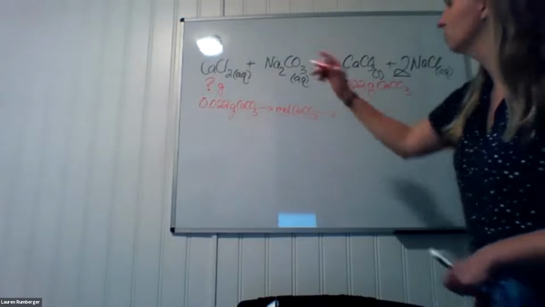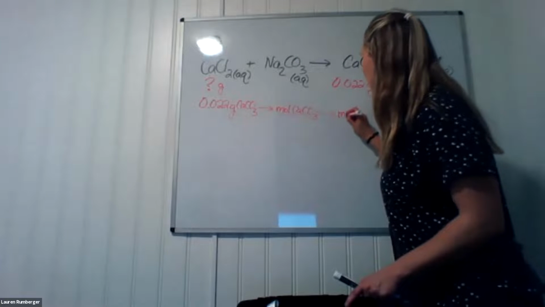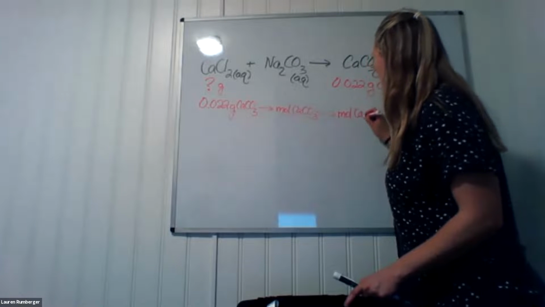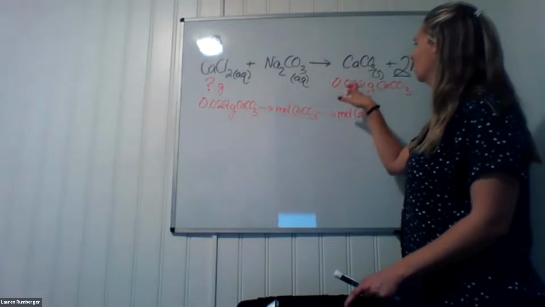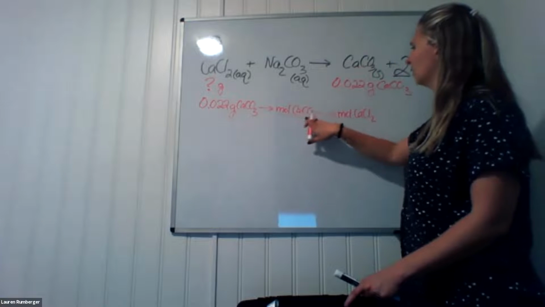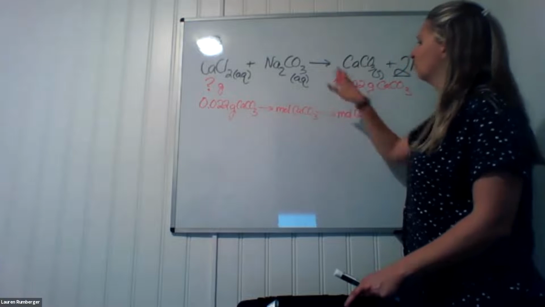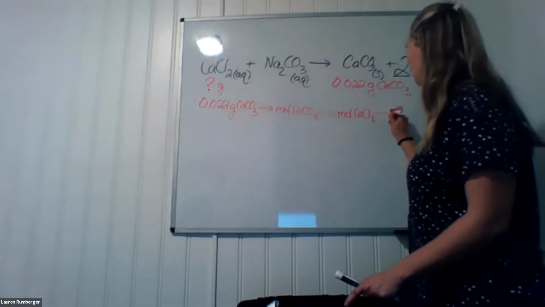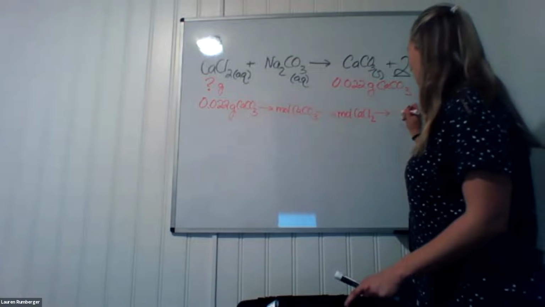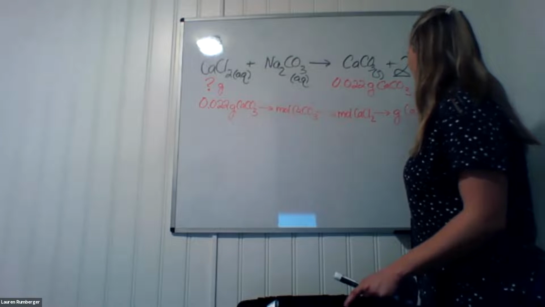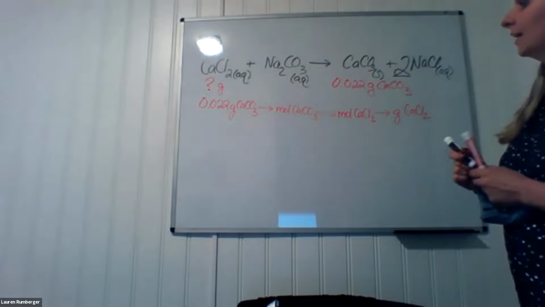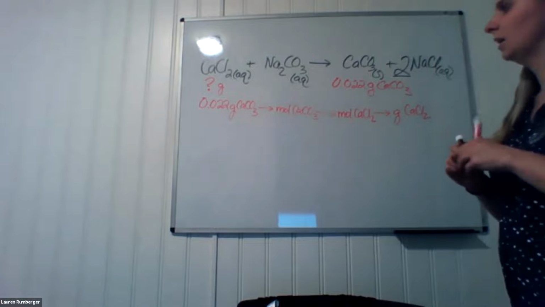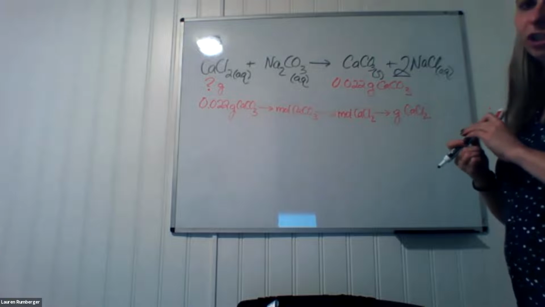How much calcium chloride did we need? Okay, so we're changing the units of moles of calcium carbonate to moles of calcium chloride. Then from calcium chloride, we can find the grams of calcium chloride. Okay, that's our plan. And now we're going to begin our conversion.